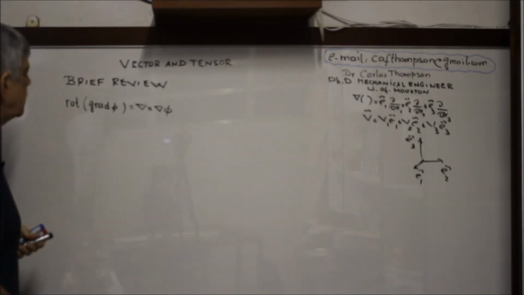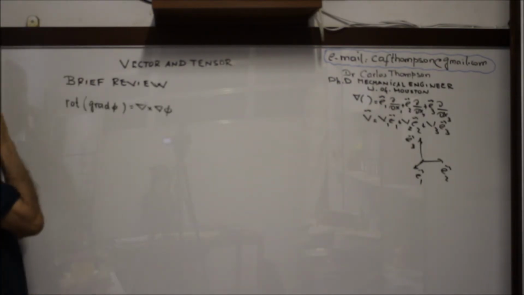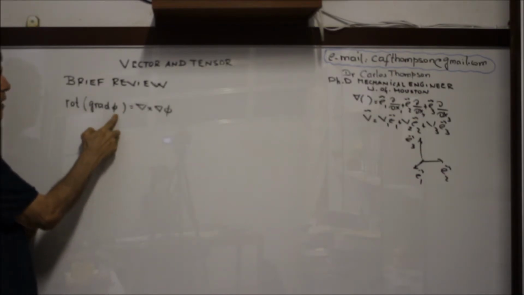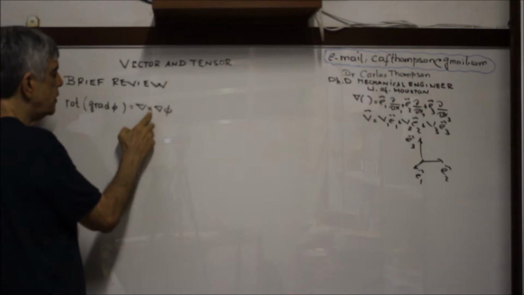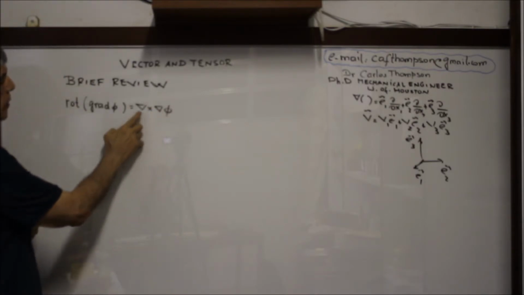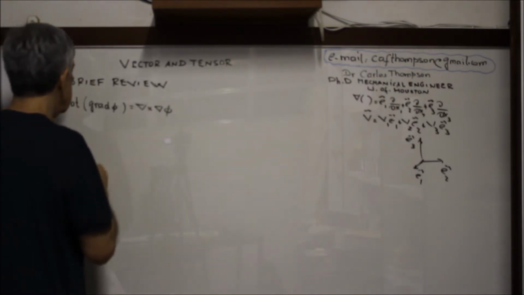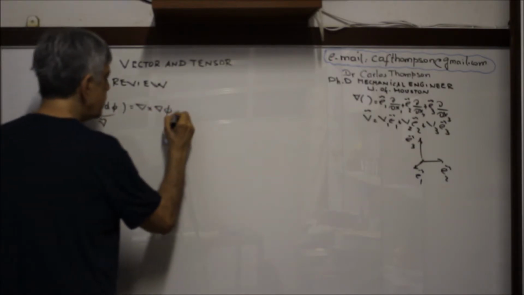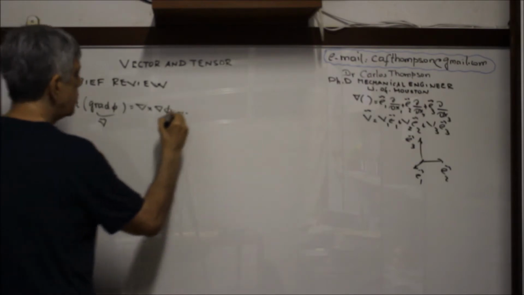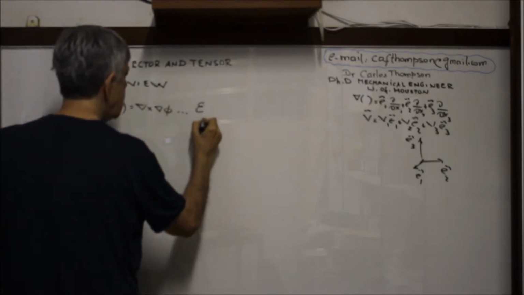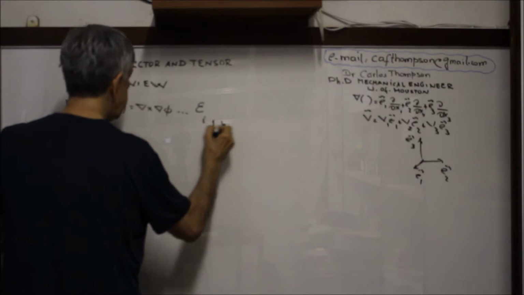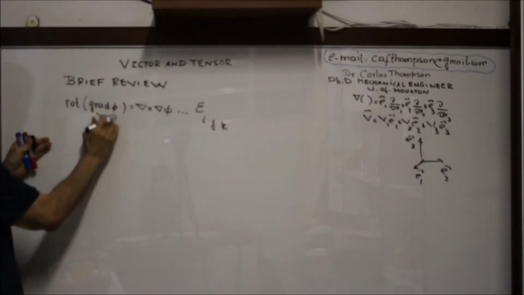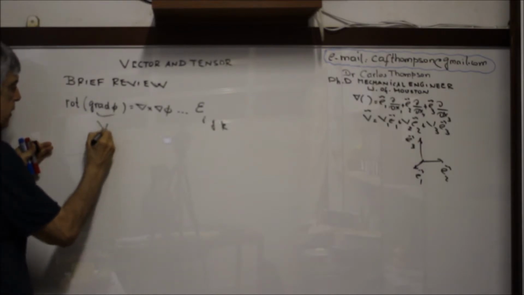Let us see the result of the rotational of the gradient of a scalar. Rotation is the cross product of nabla with this vector. So the rotation of a vector v, remember this, we can write epsilon ijk. Now the rotation of v, forget gradient v, let's put the v here.